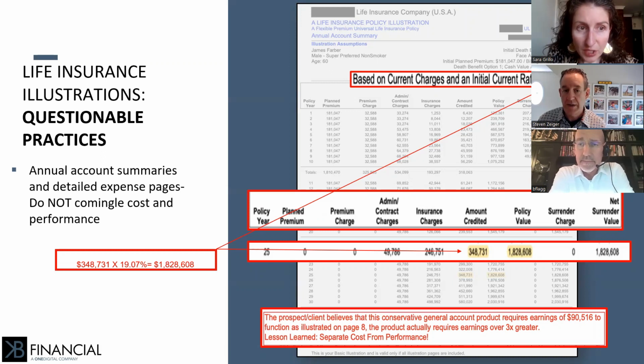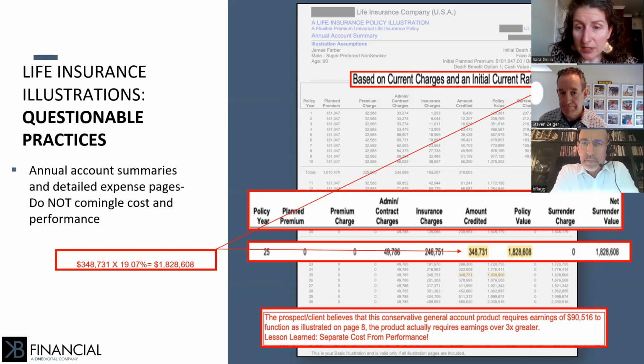Right. So, just to review the math, we took the illustration that was showing a crediting rate of 4.95%.